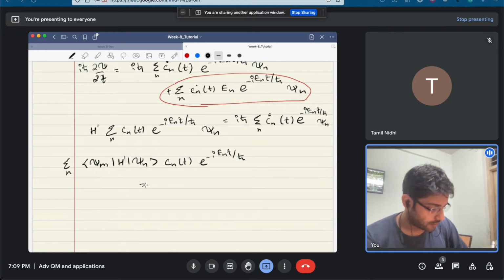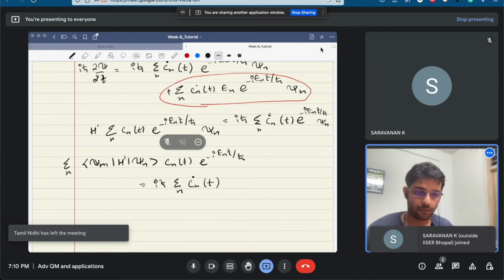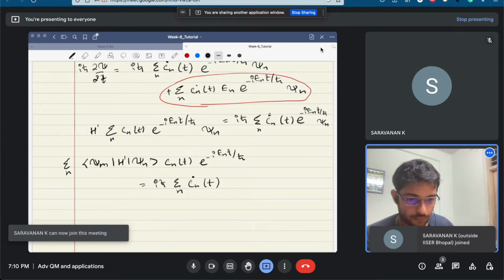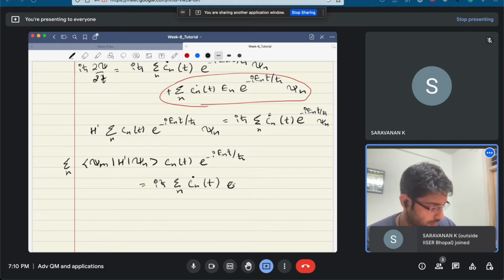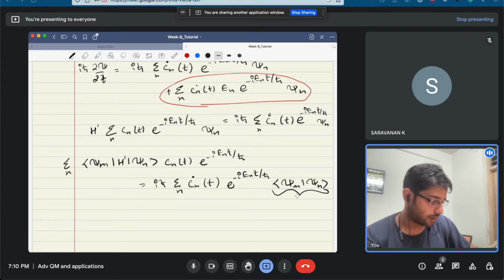And similarly for the other side, we have summation over n Cn dot t e to the power t by h bar psi m psi n, and we know this is a delta function because of the orthonormality that it has to follow.